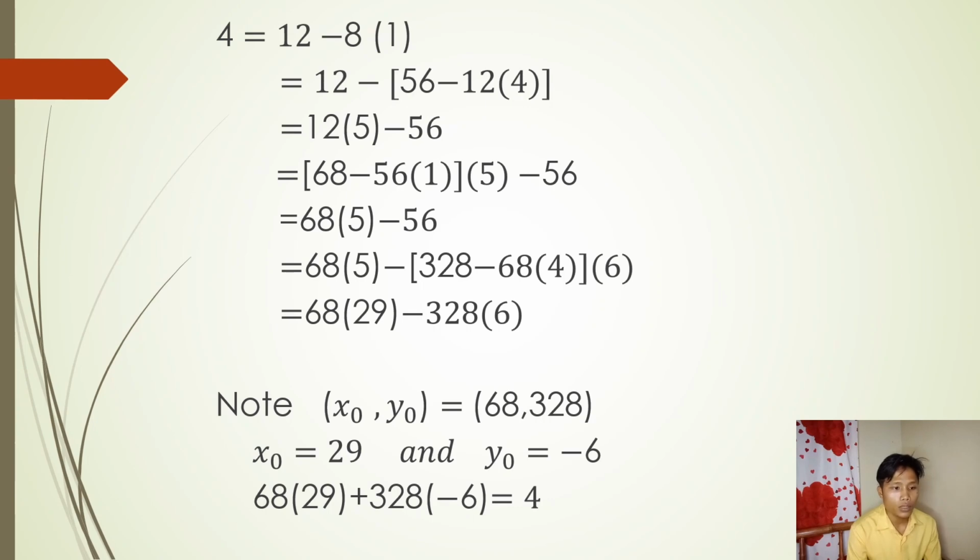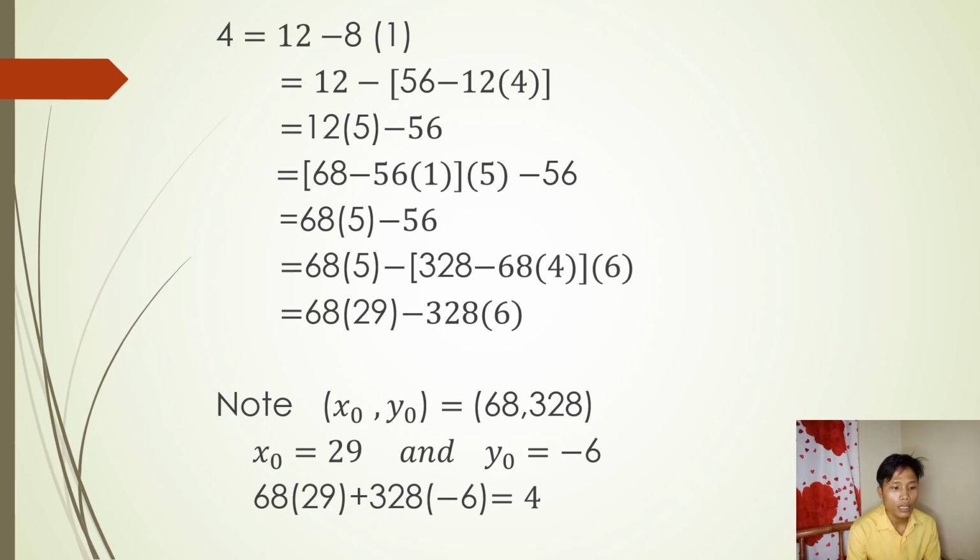We substitute the value of 56, which is 328 minus 68 times 4, so that it is equal to 68 times 29 minus 328 times 6.